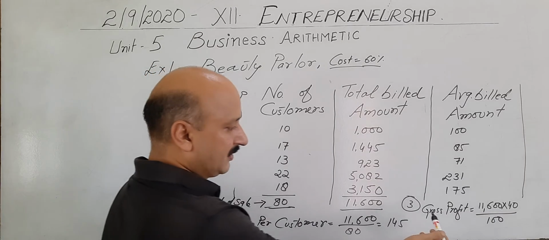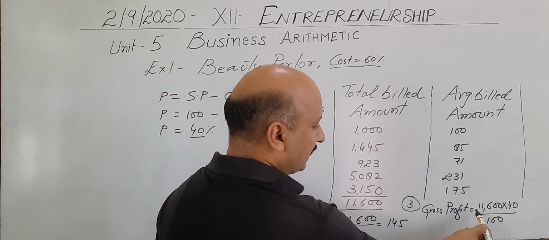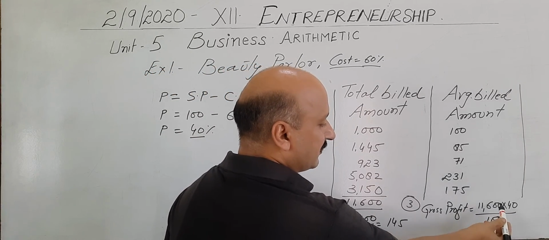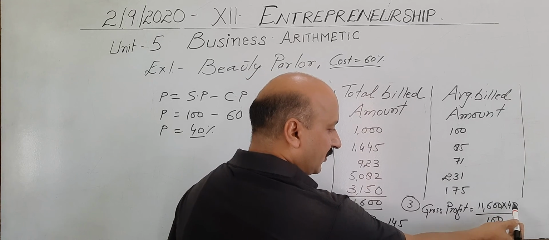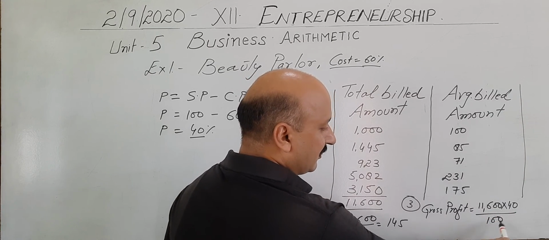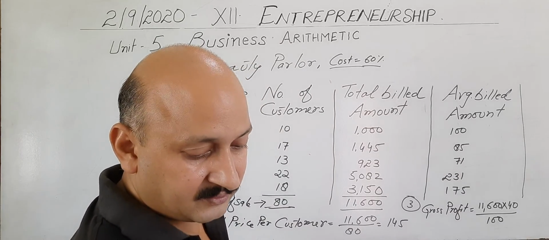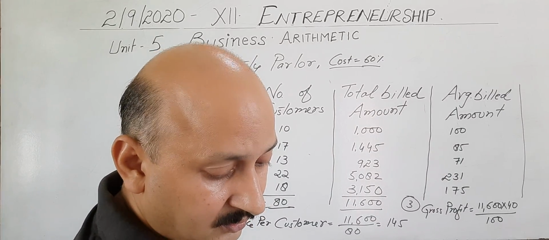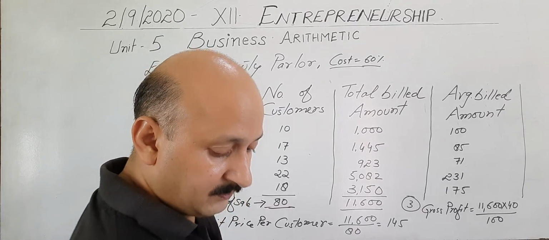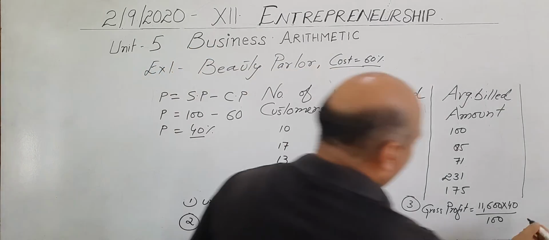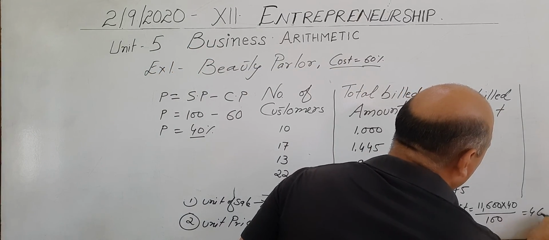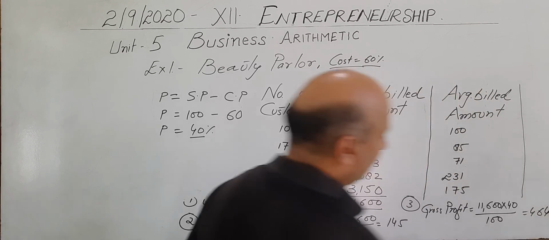So here I have written already, gross profit equals 11,600 into 40 upon 100. So what is our gross profit? Gross profit will be 4,640.